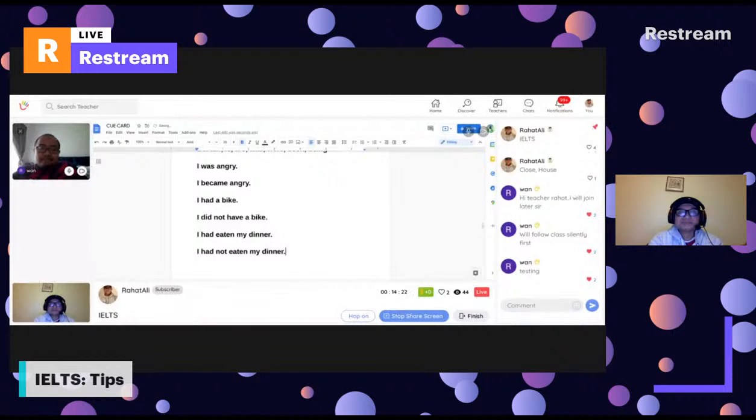Because here had has been used as an auxiliary or helping verb. Sometimes they're called linking verbs as well, when one verb links the subject, or maybe one verb to another verb. So we need to understand the concept of the sentence, what it means. Does it mean possession, or does it mean helping verb or linking verb?